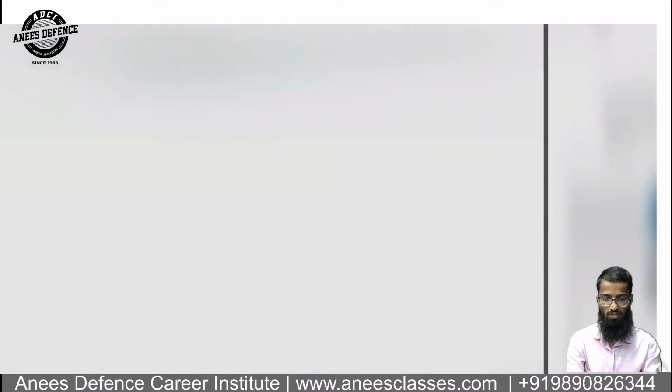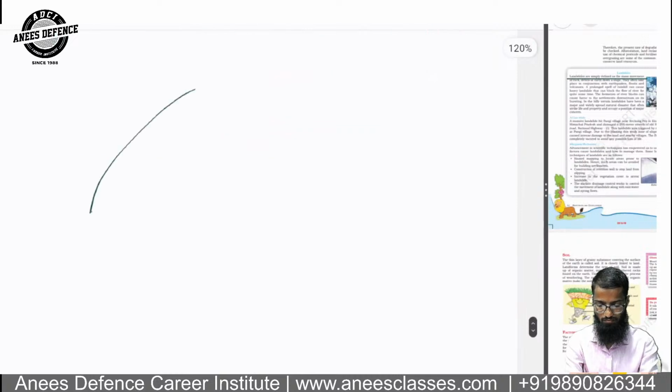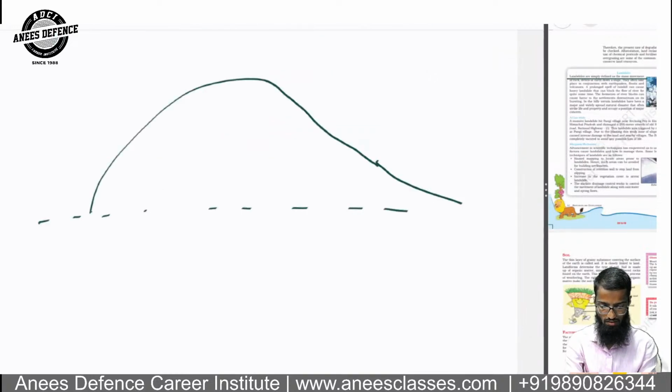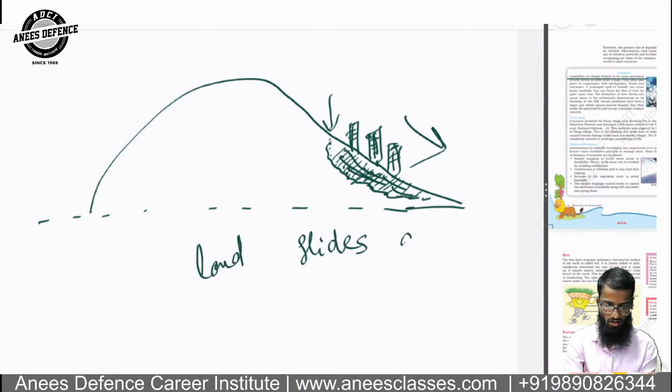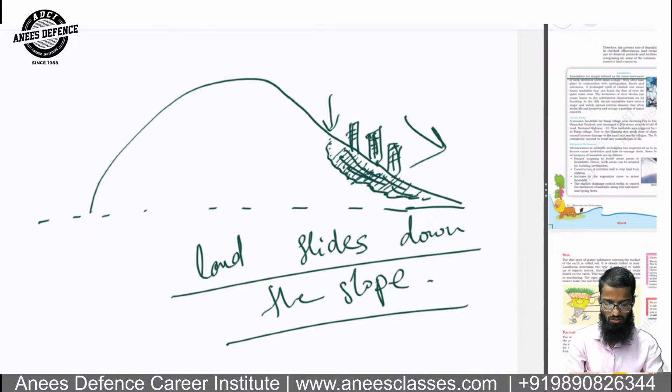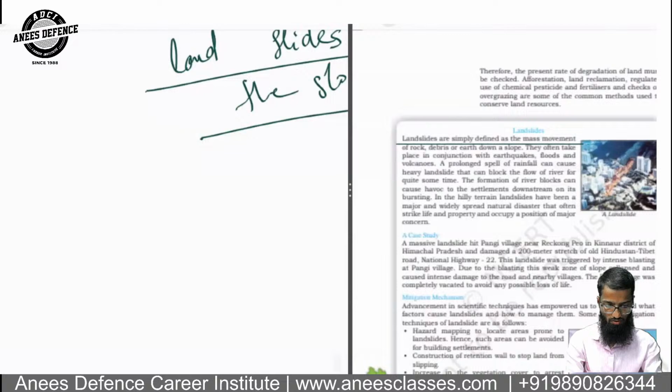Okay, अब देखो यहाँ पर I will draw a diagram. तो जब यहाँ पर बिल्डिंग्स बनते हैं या कंस्ट्रक्शन होता है या कुछ होता है, राइट, तो क्या होता है यहाँ पर? ये पूरा एरिया के अंदर पानी चले जाता है and it slides down the slope. ओके, क्लियर है? Land slides down the slope. आगे बढ़ते हैं.